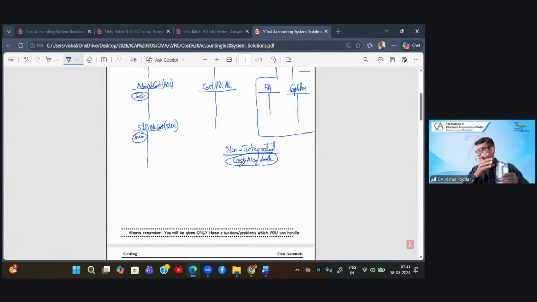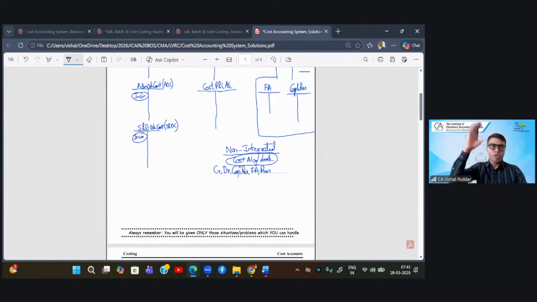Now, how do I manage this? I need these accounts to complete the second effect, but I do not need them in detail because I don't need to prepare a balance sheet. So what I do is, for all these accounts, I prepare one single account. This single account represents creditors, debtors, capital, reserves, fixed assets, all types of provisions, everything in this one account.